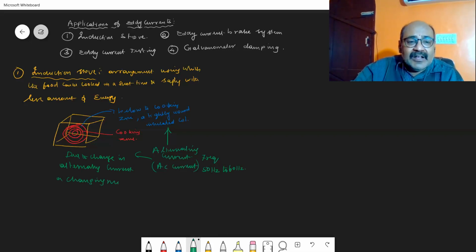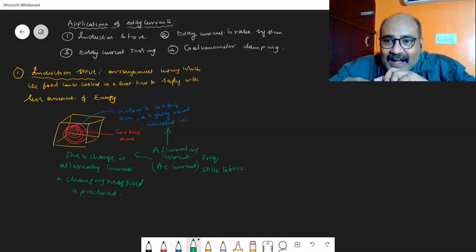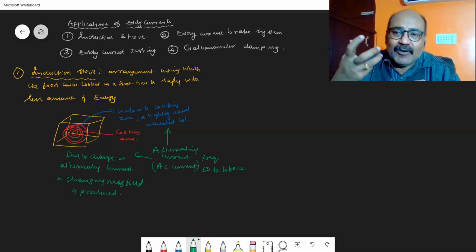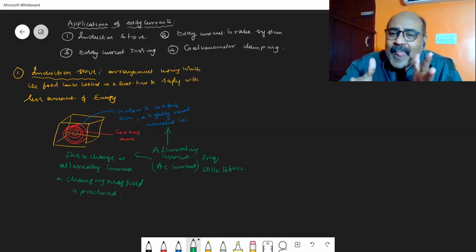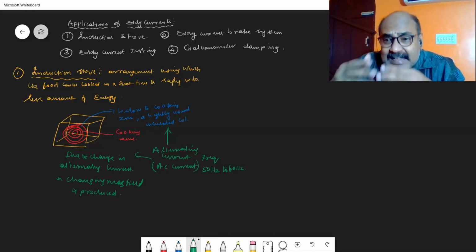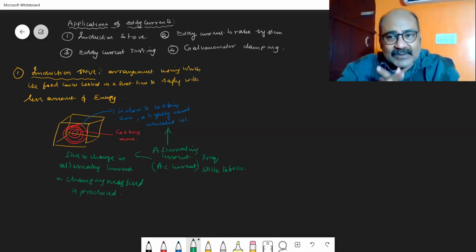When you have that change in magnetic field, it produces a change in magnetic flux because you have an area. A suitable pan is made, which has to be placed over the cooking zone.